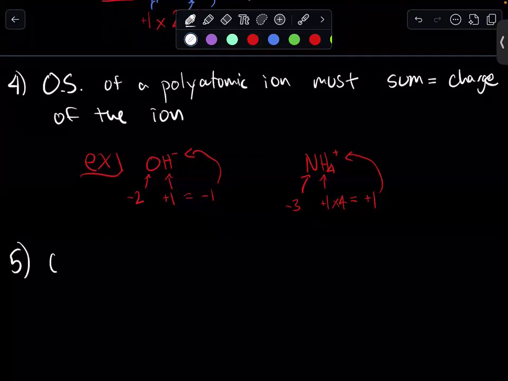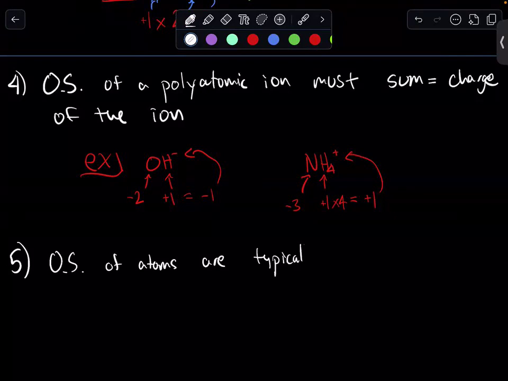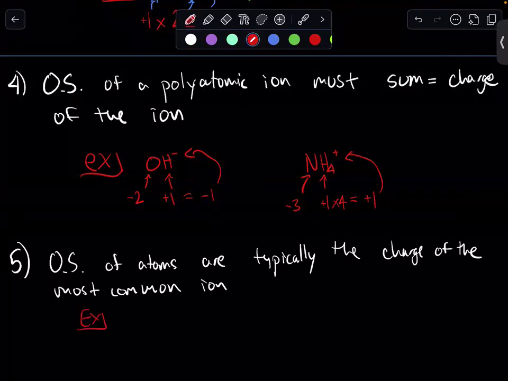Rule 5. Oxidation states of atoms are typically, not always, typically the charge of the most common ion. So what the heck do I mean by that? Well, for example, group 1 elements, or specifically group 1 metals, because I want to take out hydrogen. Group 1 metals are almost always +1.